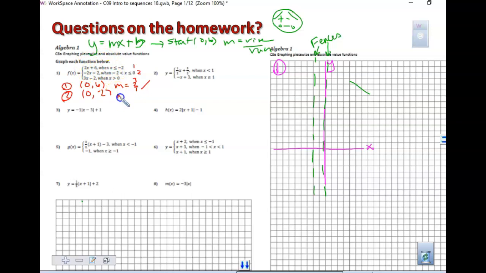My slope in this one happens to be negative 2 over 1. I know that line has to go down. The last equation of those 3 in number 1 has the same start point as number 2. It's 0, negative 2. My slope in the last one is 3 over 1, and it's really steep.